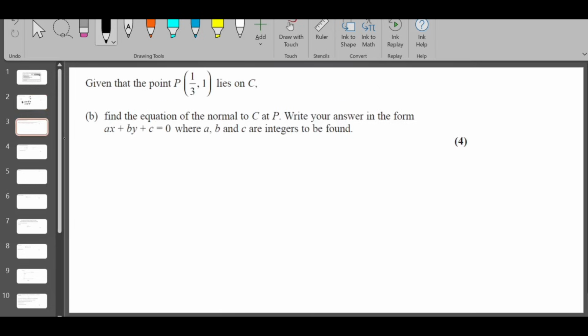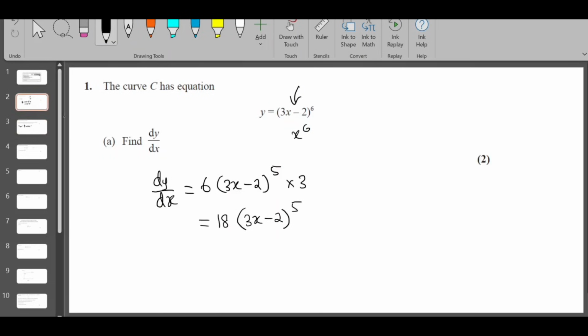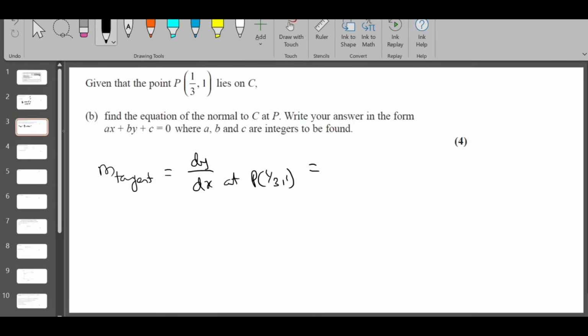Let's look at part B. Given that the point lies on C, find the equation of the normal. Okay, we need to find the slope of the tangent first, which is dy over dx at P of 1 over 3 comma 1. So in this dy by dx, we replace x by the x coordinate of the point.